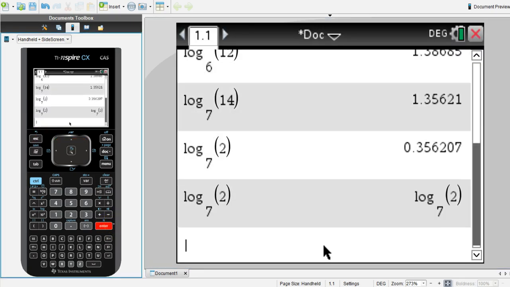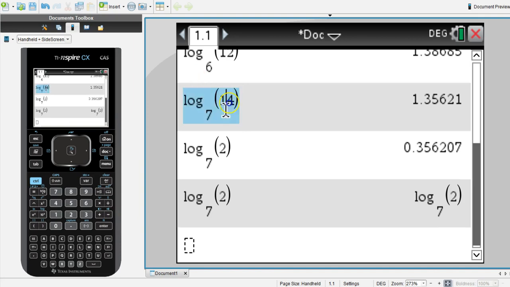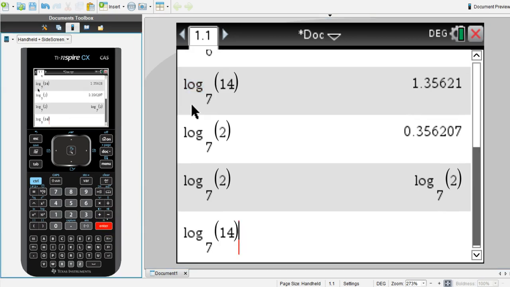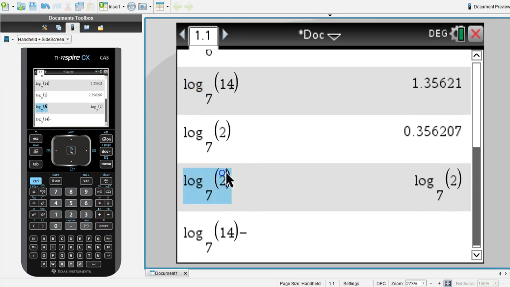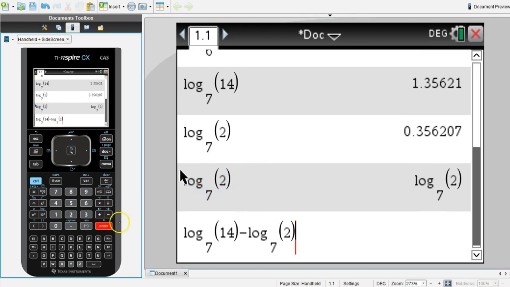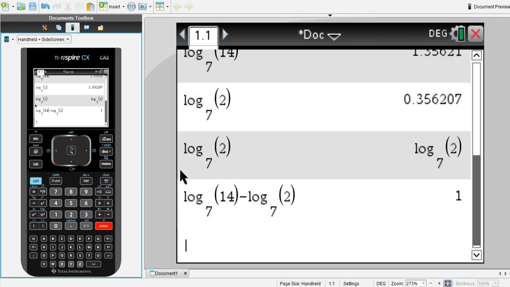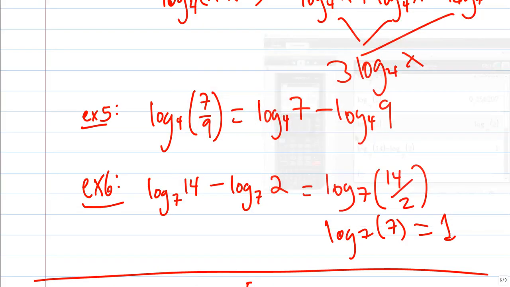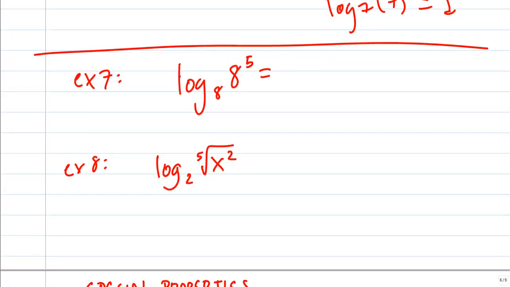But when I subtract them, so log base 7 of 14 minus log base 7 of 2, I get 1. I think that's pretty snazzy. Okay, I know I haven't convinced you yet, but once again, we'll get there.